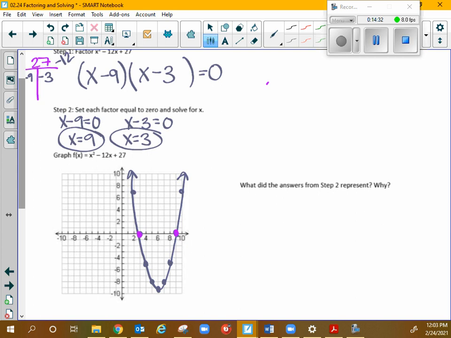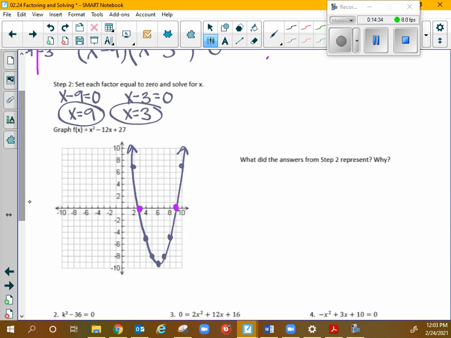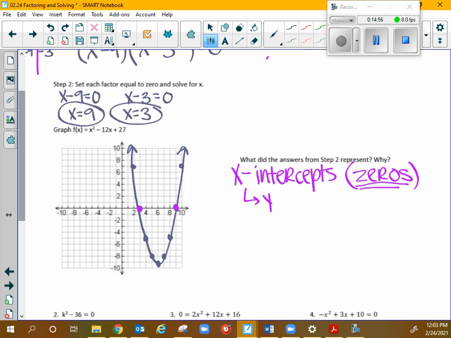My y value is 0. So my answers from step 2 are my x-intercepts, which are also called zeros. And they're called zeros because the y, or the solution, is 0.